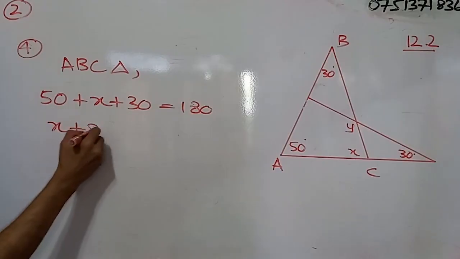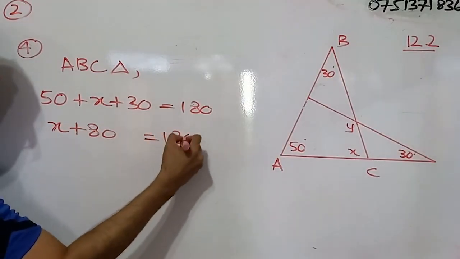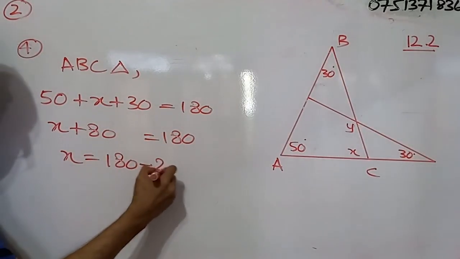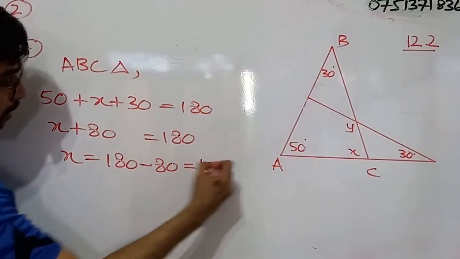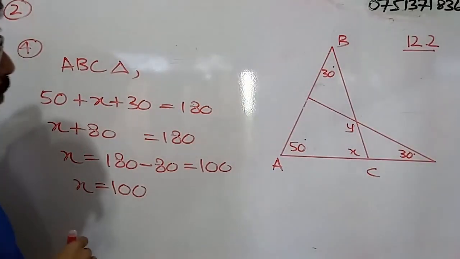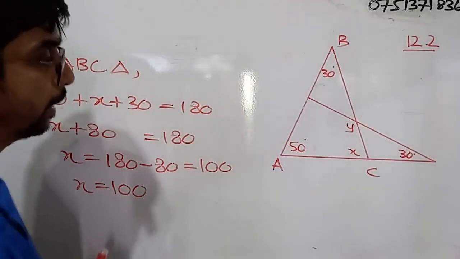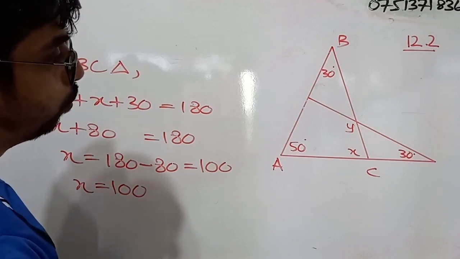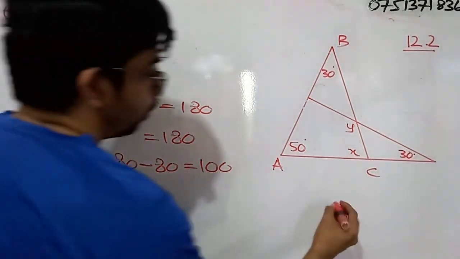That means X plus 80, that is equal to 180. That means X is equal to what? 180 minus 80, so 100. So X is equal to 100. So the value of X, that is 100, right? Okay. Now, so here the value of X is 100.